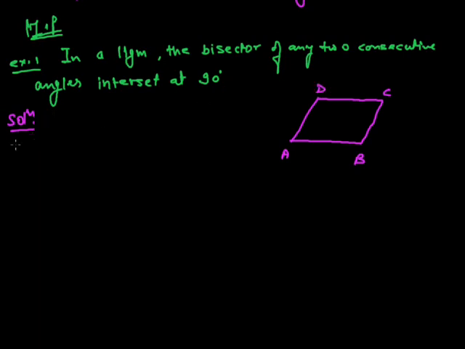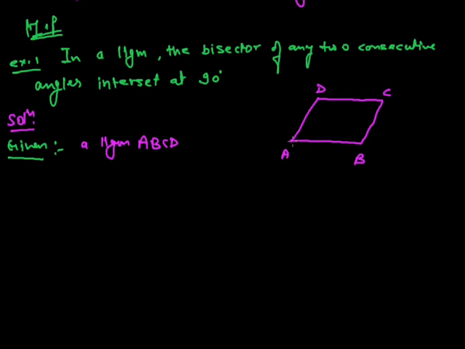You can write the given thing. Given a parallelogram ABCD. And also we are given the bisectors of any two consecutive angles.